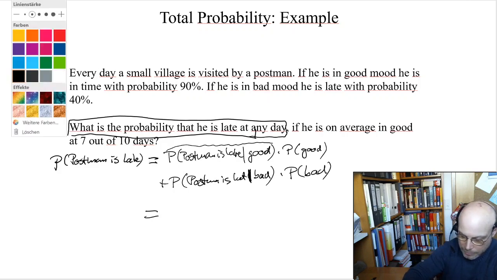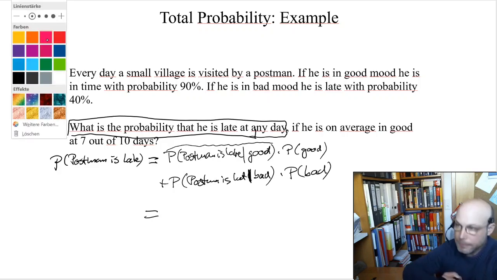Take another color. Well, if you just read the example: every day the postman visits this village, and if he is in a good mood, he will be in time with probability 90%.